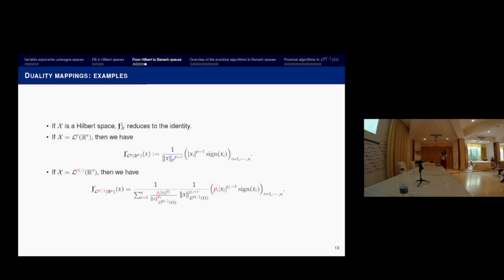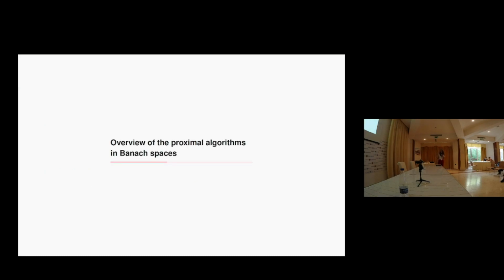Here the expression becomes more complicated, but I want to point out that if the exponent is constant, basically we have the same definition as in the case of Lp space, because what you can see in blue is the same that we have on the line above, and then the sum is equal to 1 if p is constant.